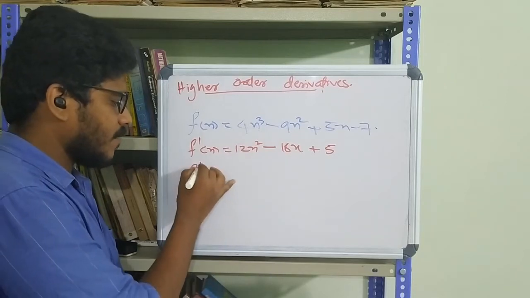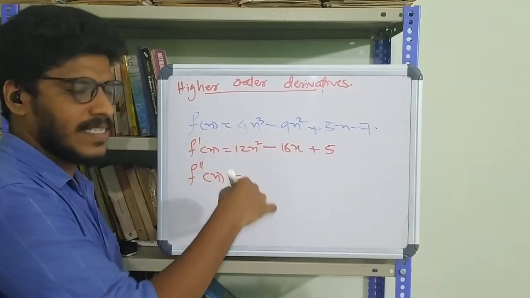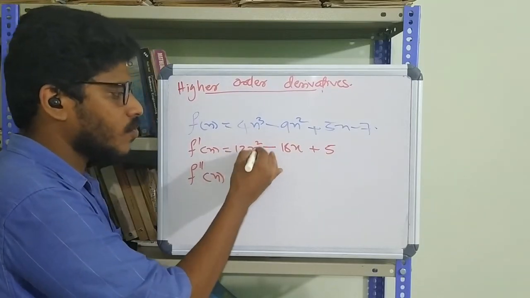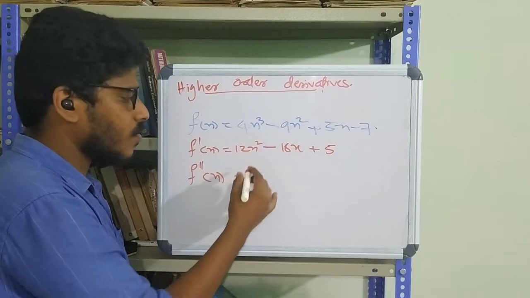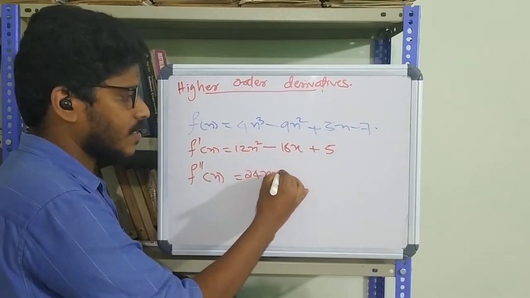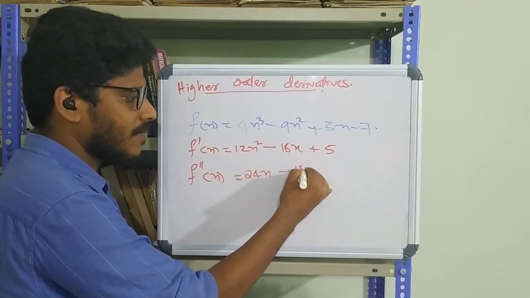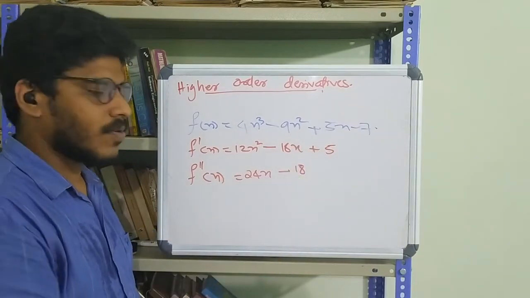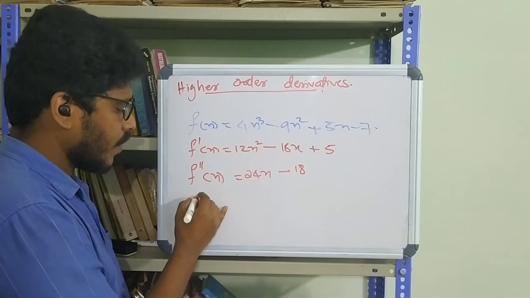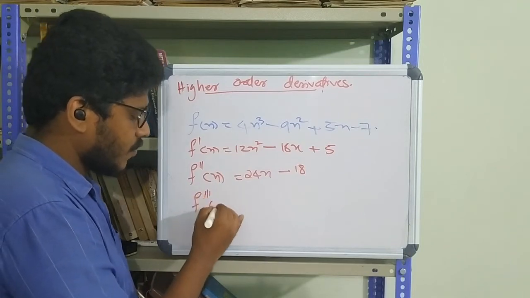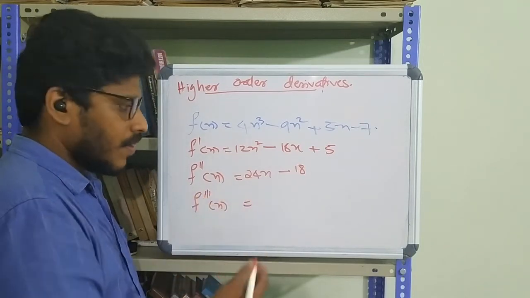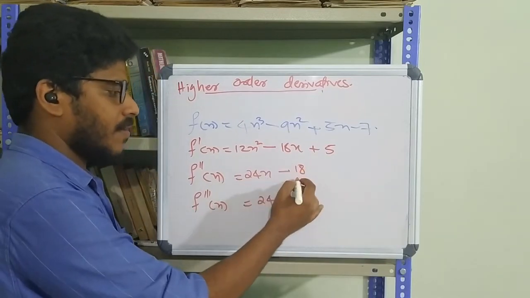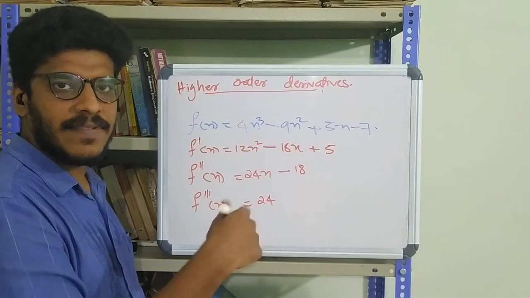And what about the second derivative? Differentiate the first derivative. So we have 12x square, the derivative will be 12 into 2 into x raised to 1, so it will be 24x, minus 18x will have the derivative 18, and plus 5 will vanish, as the derivative of a constant is 0. So what is f triple dash of x? Again 24x will have the derivative 24 and negative 18 will have a derivative 0.